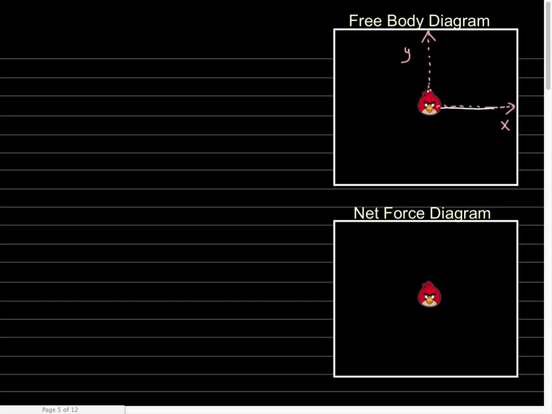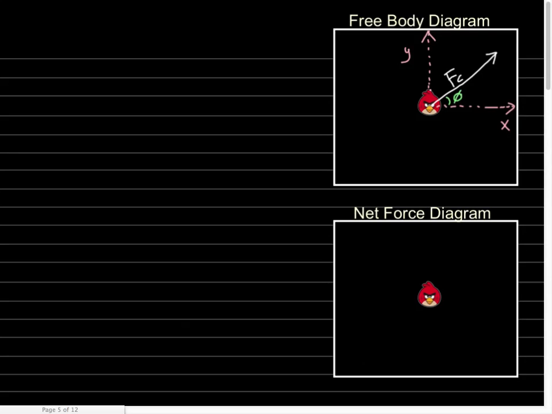You can have a force that's straight up, and that's cool, but it's kind of boring. What I'm talking about is we can have a force that's at an angle. It's neither straight up or to the right. So let's call this FC. The force is at an angle. Let's say the angle is theta.